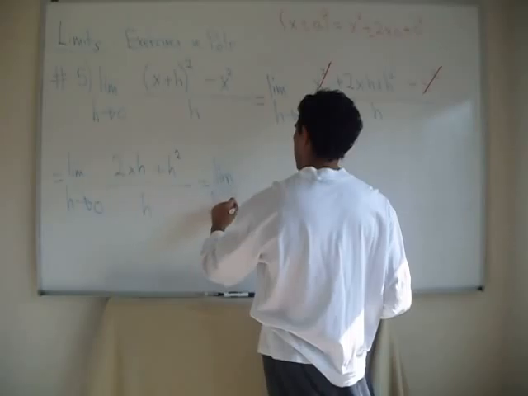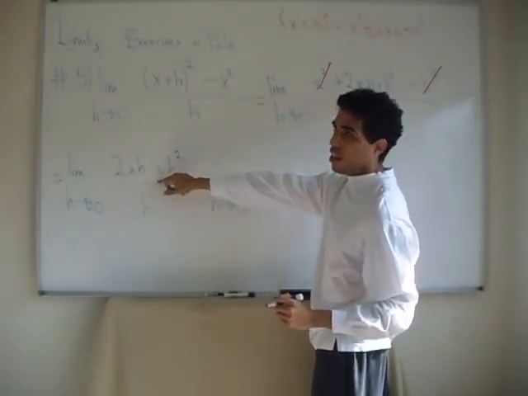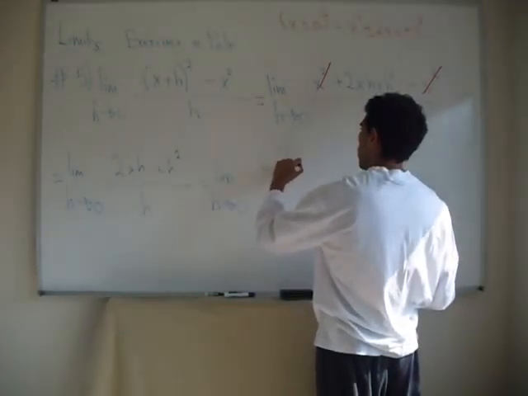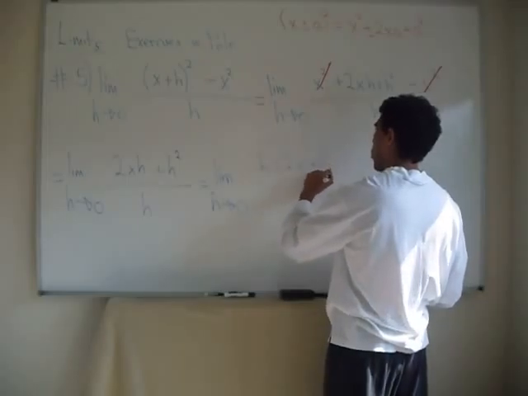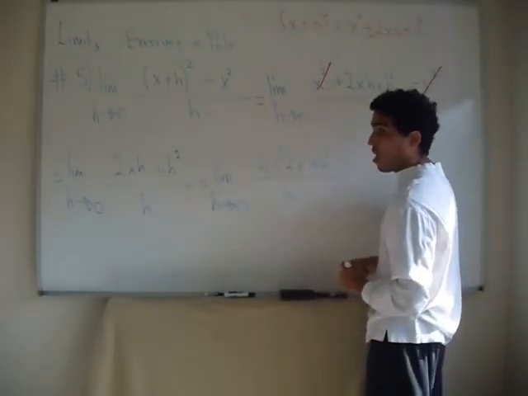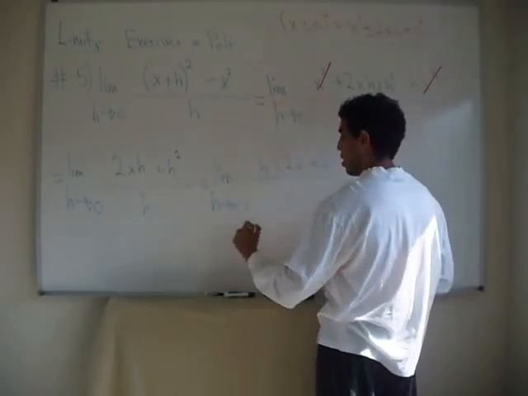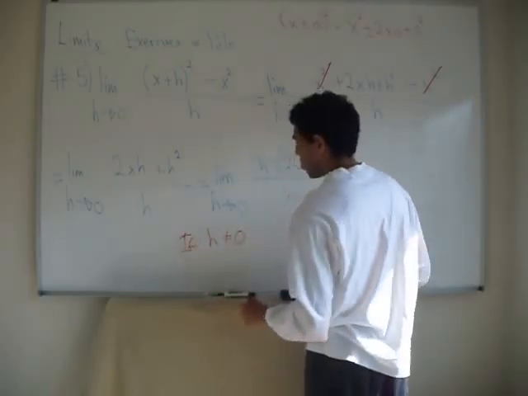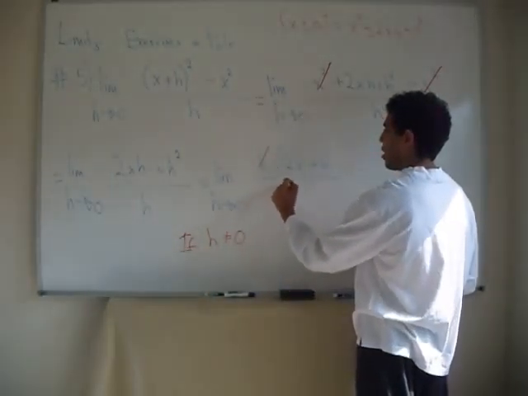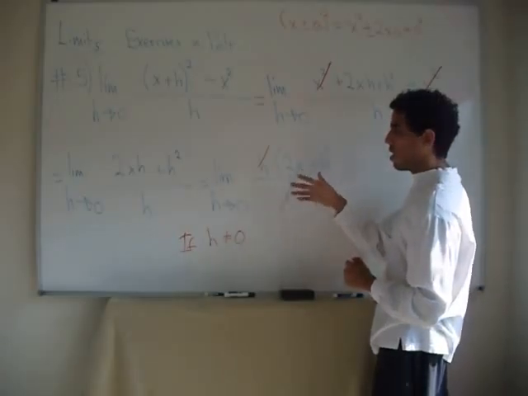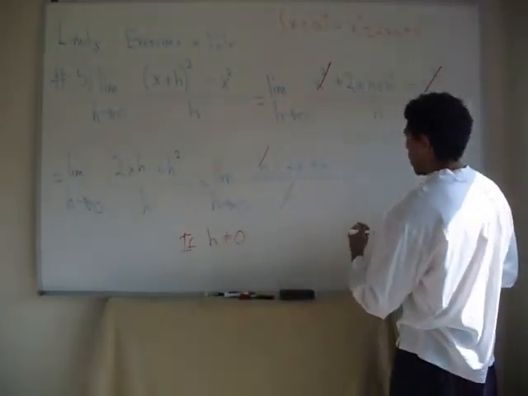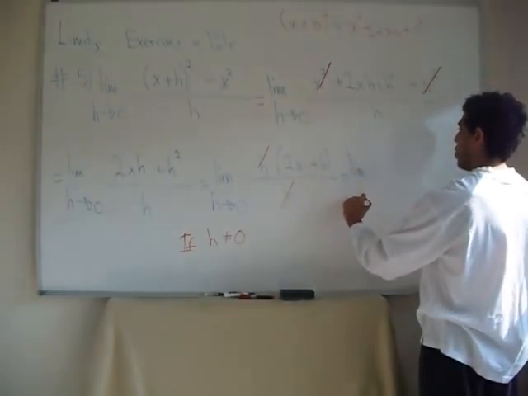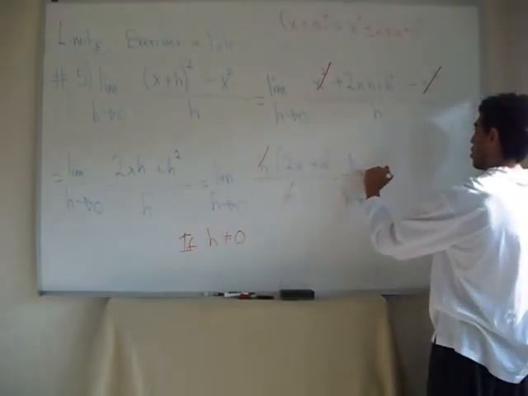But I can also simplify this to look like this. Limit of h tends to 0, and h is a common factor right here in the upper part. So I can rewrite it as h times 2x plus h over h. And now I'm able to get rid of the indetermination, because h is different than 0, and it is different than 0, so the h's cancel each other, okay? I'm dividing by anything that is not 0. So rearranging, this ends up looking like limit of h tends to 0 of 2x plus h.